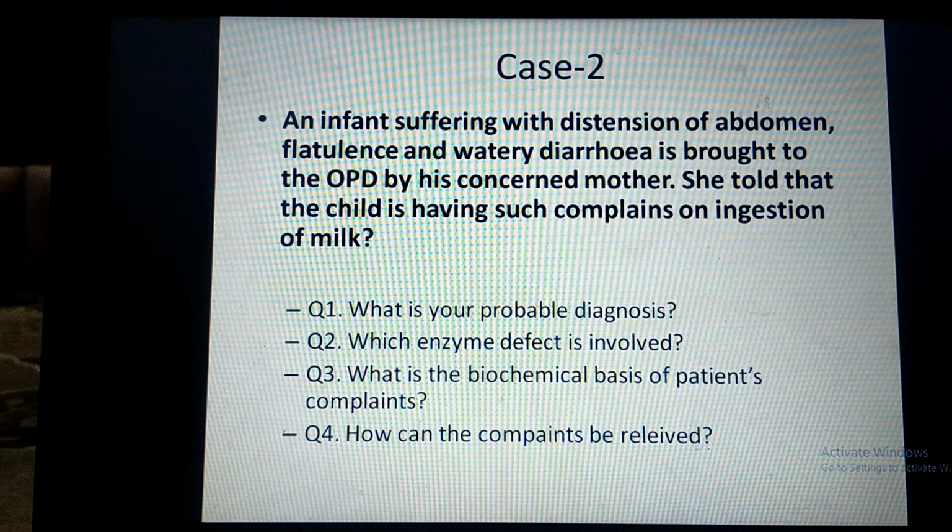As the symptoms are seen after ingestion of milk, the most likely diagnosis in this case is lactose intolerance. So which enzyme is defective or involved? The lactase enzyme is deficient. The third question is, what is the biochemical basis of the patient's complaint?